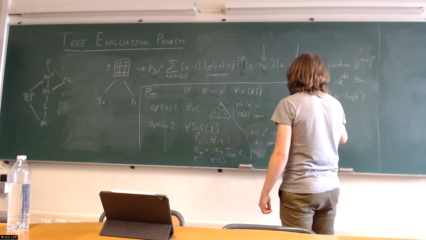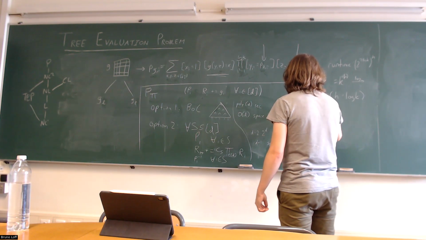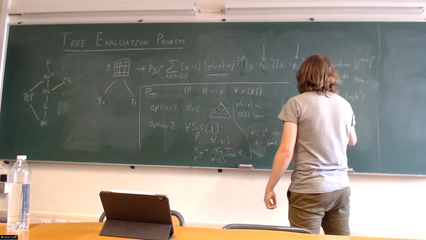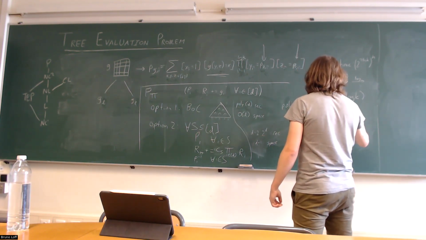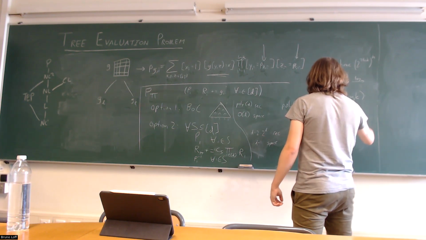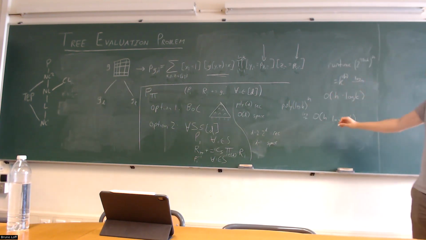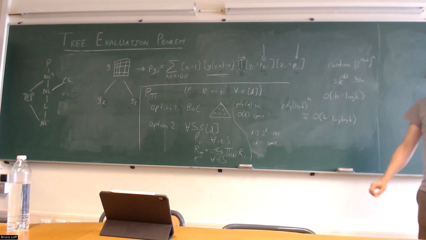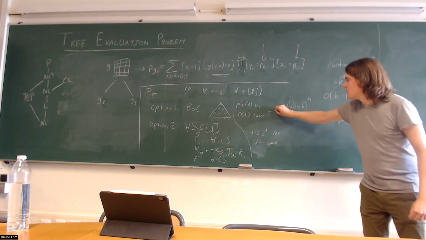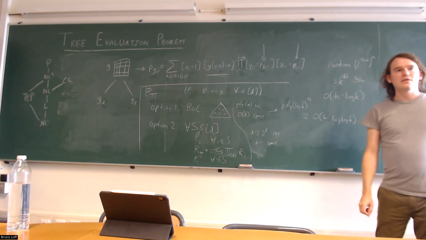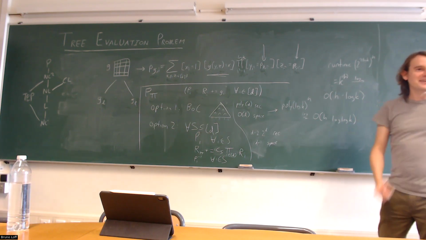If you take the log of this, it's order h times log k. So we've gone from log squared n to log n log n. Very nice. That's assuming everything is one product.